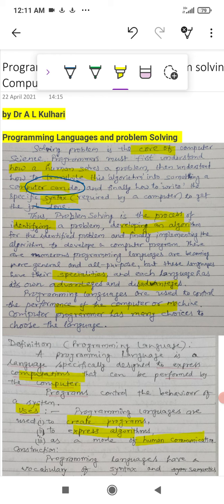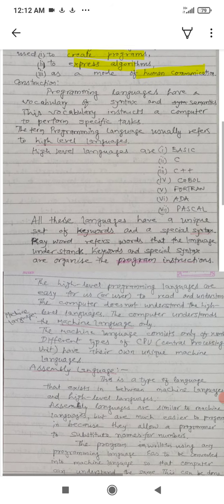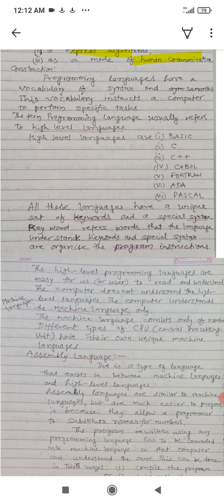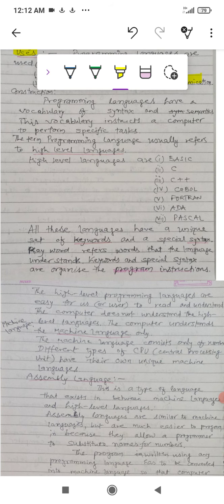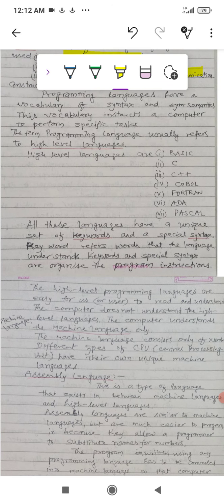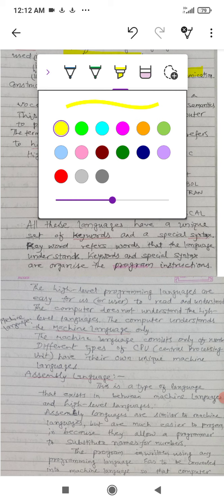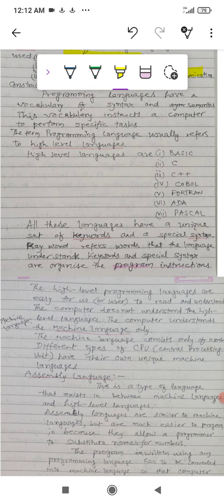Now, the construction of programming languages: programming languages have a vocabulary of syntax and semantics.